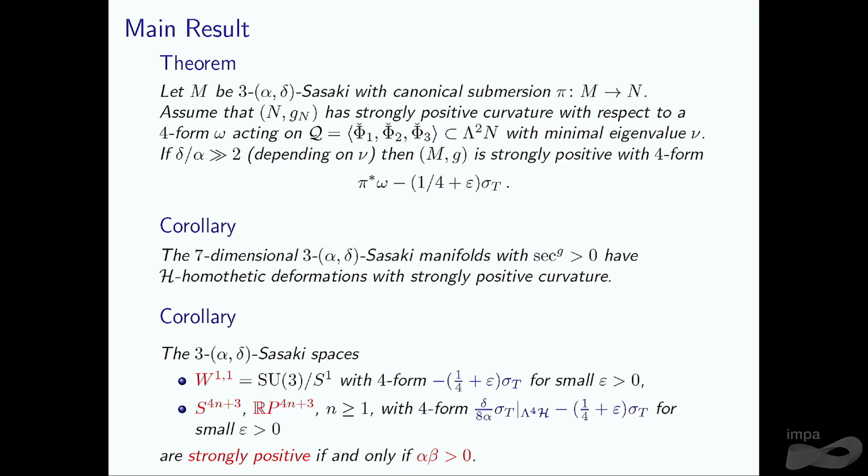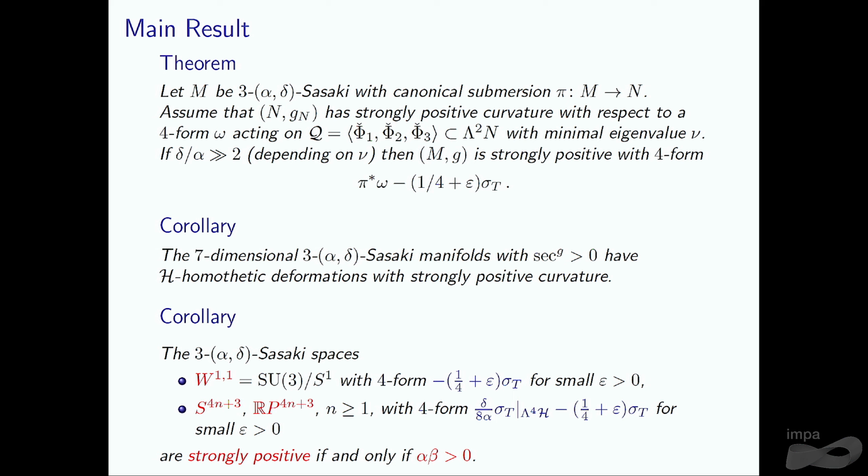So if you choose them sufficiently large, then the manifold upstairs M is strongly positive, and the four-form is the pullback of the omega of the base minus 1 over 4 sigma_t plus a slight addition, some epsilon entering the picture, right? And epsilon strictly positive, of course. Good. So you can do a slight modification of the naive approach which I had explained at the beginning.